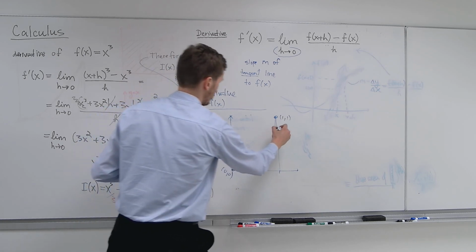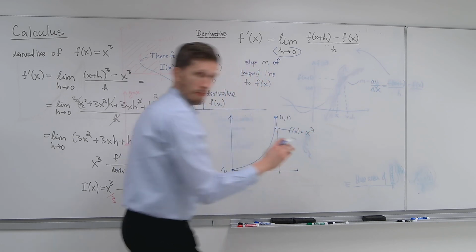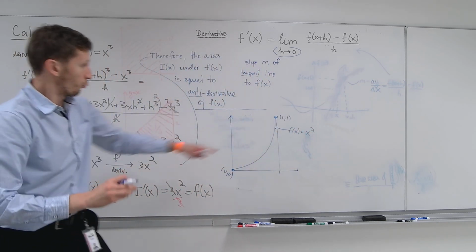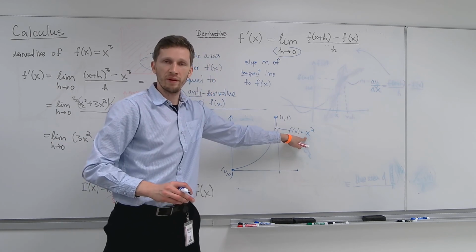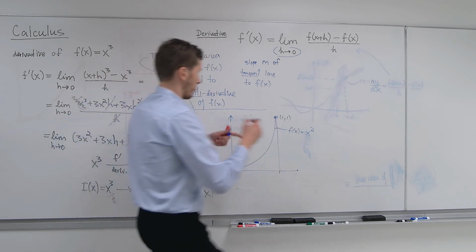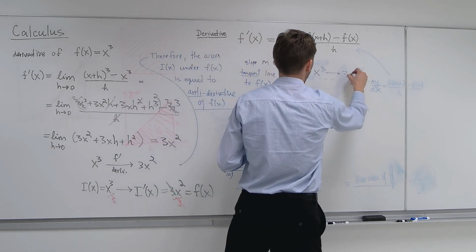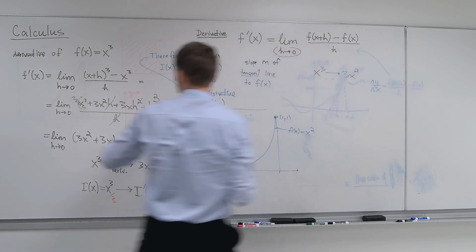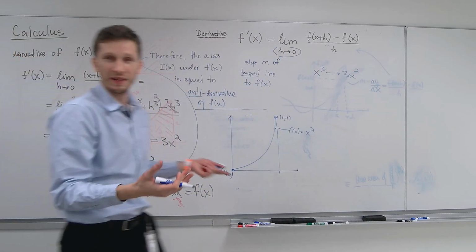And this is my function, f of x is equal to x squared. Now, we know that this x squared, what's the antiderivative? Well, remember, x cubed went to 3x squared. We did it here. X cubed goes to 3x squared. Divide everything by 3, that's a linear argument.